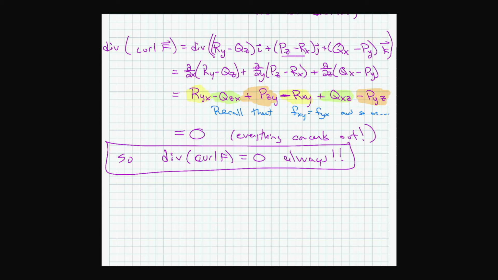Okay. Now, why do we care about that? They do kind of a weird question type where they give you a vector field and they say, is this the curl of something? And you're supposed to say no or yes. So like, here's a problem type.